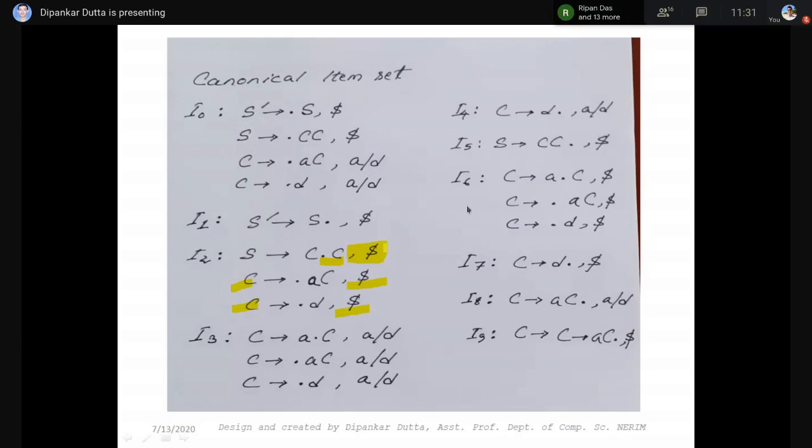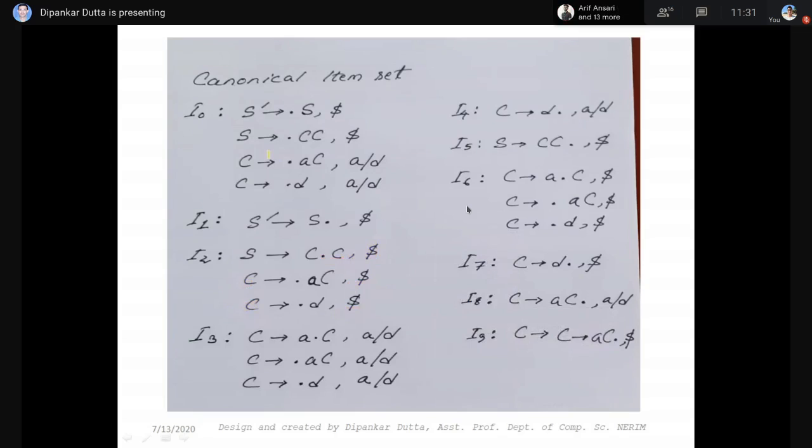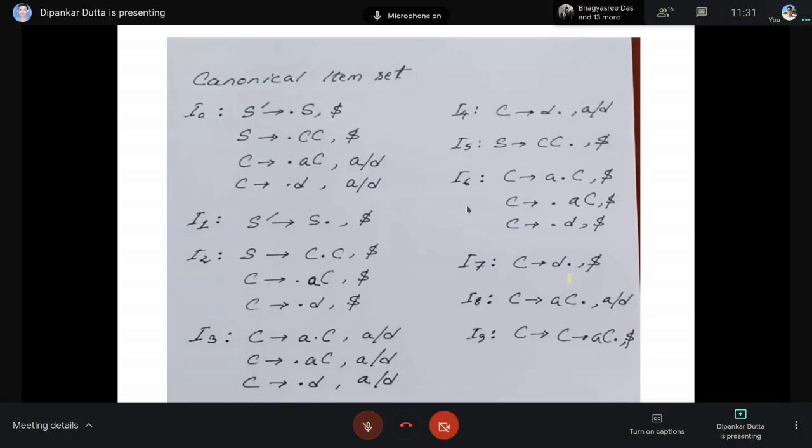First of beta dollar means first of dollar, and first of dollar means dollar itself. So add dollar as look ahead symbols. This way you have to compute all the closures and look ahead symbols for every item. Clear, Arbas?